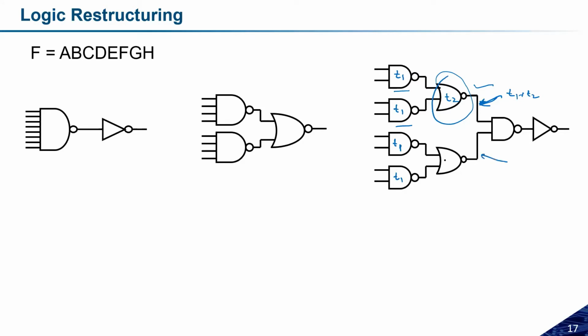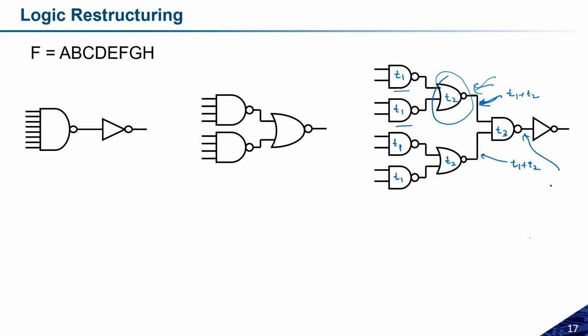Similarly, at this point, if I assume the delay for this one is also the same, the output at this point I will receive at T1 plus T2 time. Let us assume the delay of this AND gate depends on this input and this input. So let us assume this is T3.